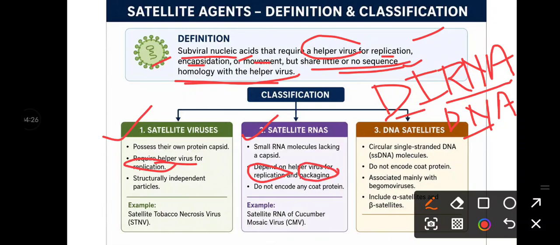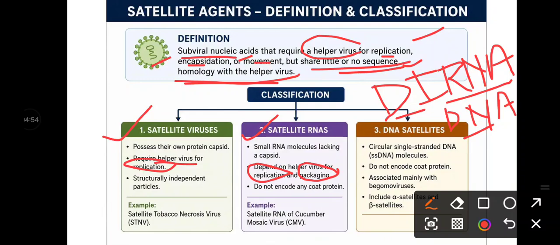So this is the main difference between satellite virus and satellite RNAs: their dependence on the helper virus. The satellite virus only depends on the helper virus for replication, but the satellite RNA generally depends on the helper virus for both replication as well as encapsulation.